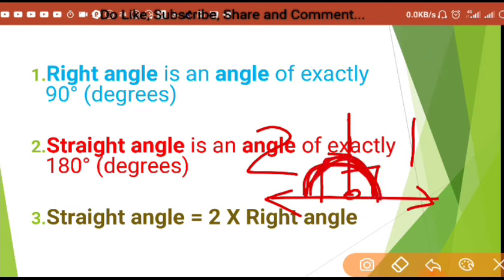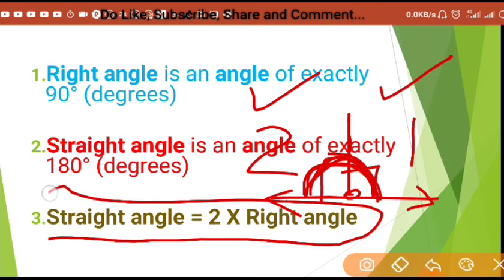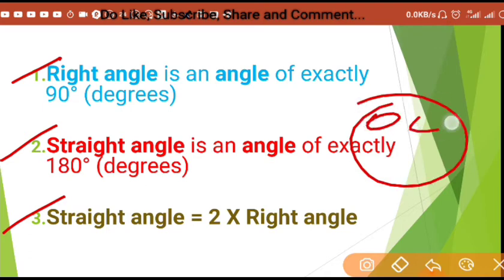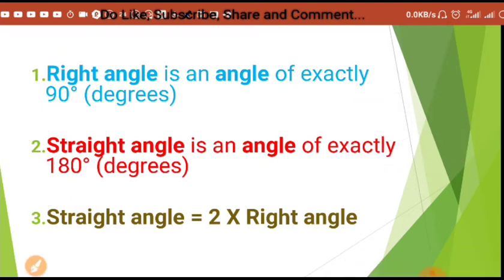The first one is 90 and the second one is also 90, so 90 plus 90 is 180. That's why a straight angle is equal to 2 into a right angle. So you will note down all the 3 points in your notebook.